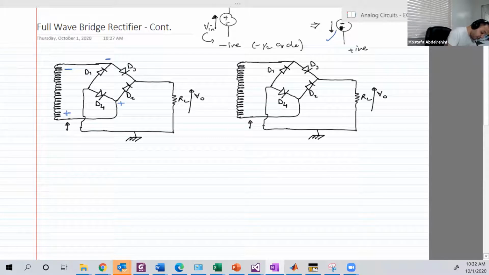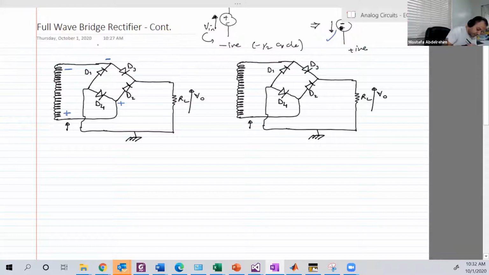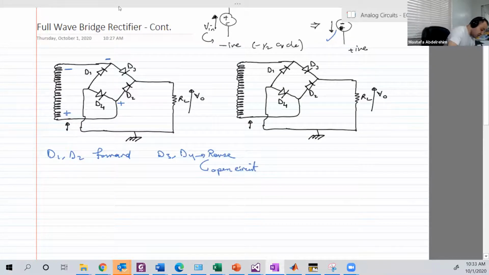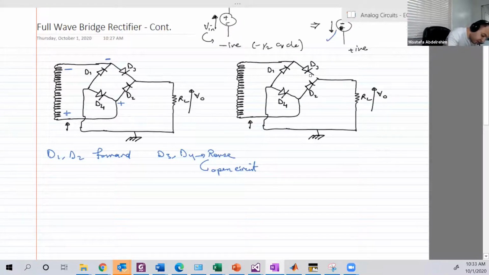The P terminal of D2 is closer to the positive terminal of the battery, and the opposite for D3 and D4. So we have the opposite case basically. So here D1 and D2 will be forward, but D3 and D4 are reverse. Reverse means open circuit. You can model them as open circuit. That's what we're gonna do now. So we're gonna remove D3 and D4.